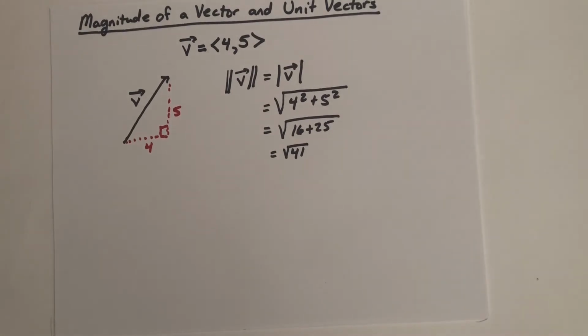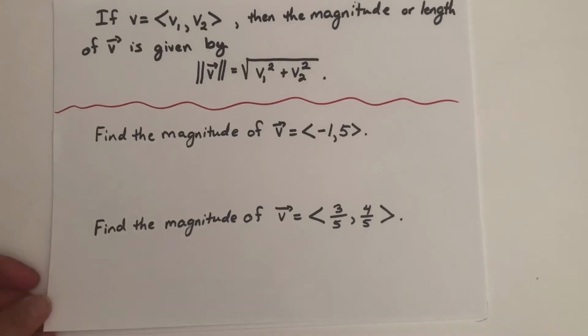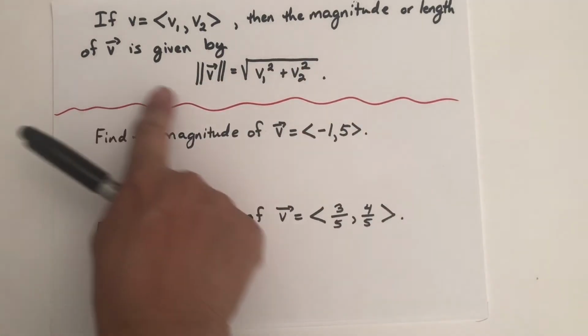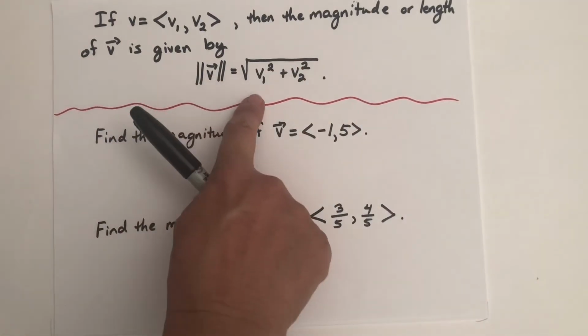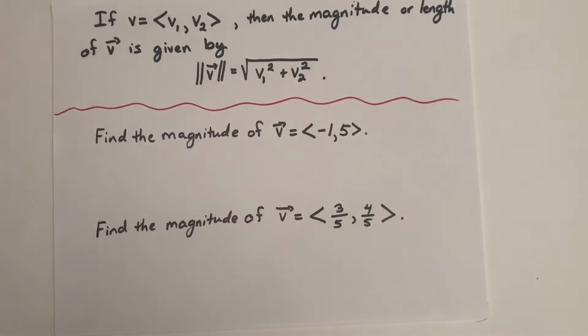So let's write this in general. If we have a vector v, and we'll let the x component and y component be v1 and v2, then the magnitude or length of v is given by the square root of v sub 1 squared plus v sub 2 squared, just as we did in the previous problem, because it comes from the Pythagorean theorem.